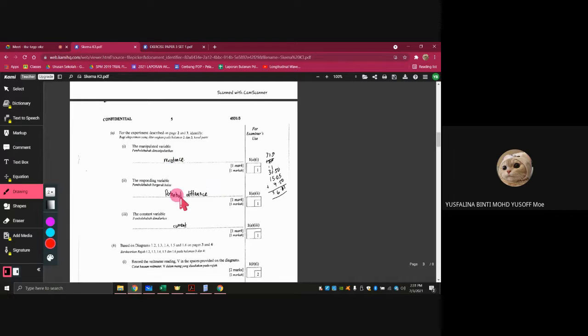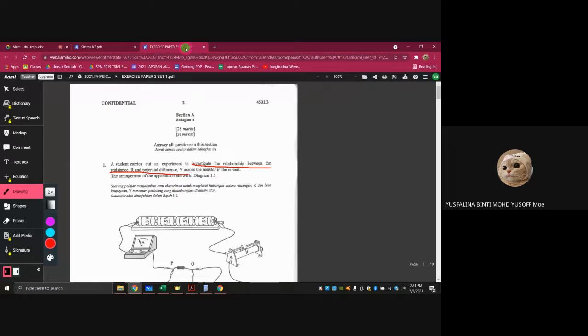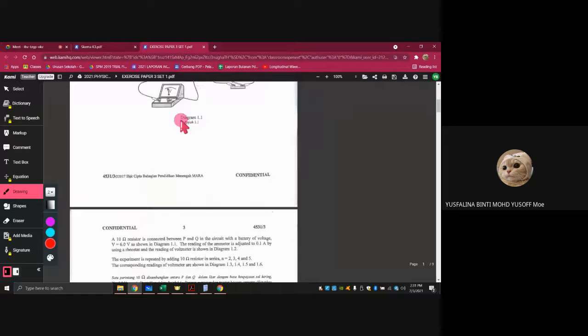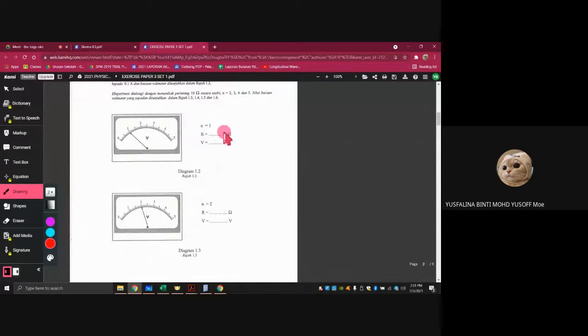So the responding variable is the V. V is the responding variable. Manipulated is actually N, right? N is the one that I give you here, N1, N2. And if you want to find R, you have to multiply N with 10.